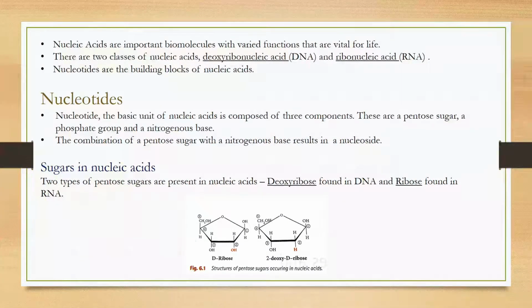Now, the sugars in nucleic acids. Two types of pentose sugars are present: deoxyribose found in DNA and ribose found in RNA. The ribose has a hydroxyl group at the second position, and C2 has only hydrogen in the case of deoxyribose.